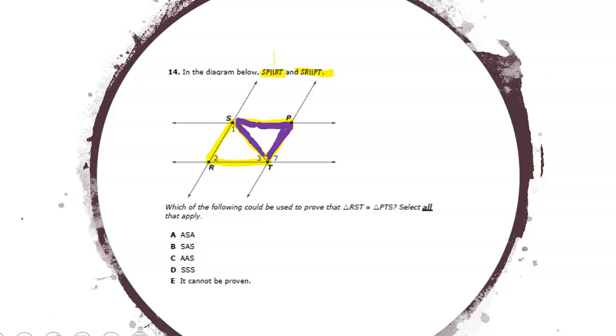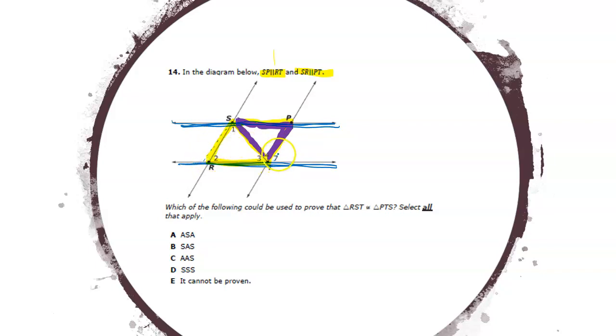So, a couple things to know about these is that if the lines are parallel to one another, they're an equal distance apart. So whatever is being held in by this parallel line and this parallel line is going to create equal sides.